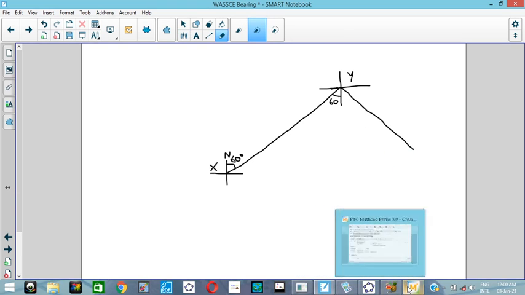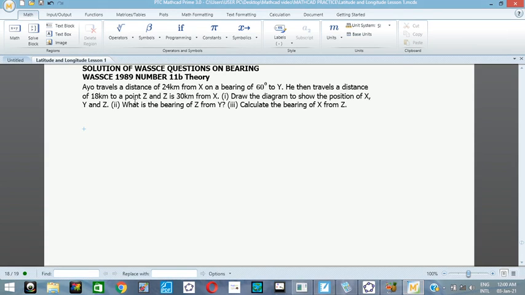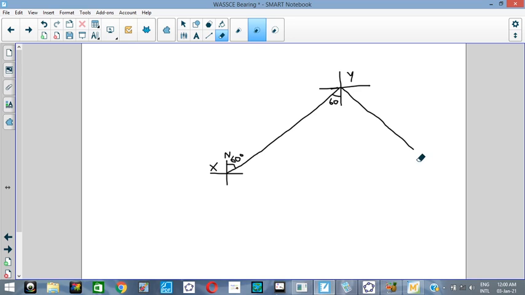Okay, and that distance is what now? The distance is 18. Okay, let me make it short. Since 18 is smaller than 24, let me take it somewhere here as 18. Remember the first distance is 24. We are doing a rough sketch and we are not drawing to scale here.